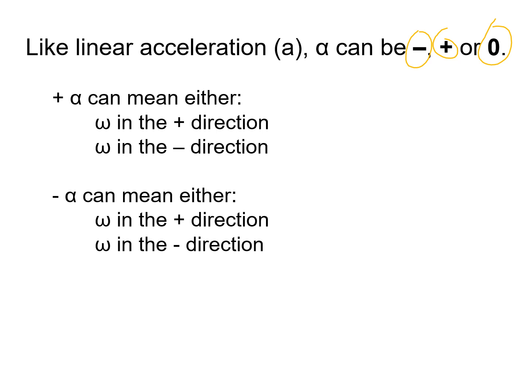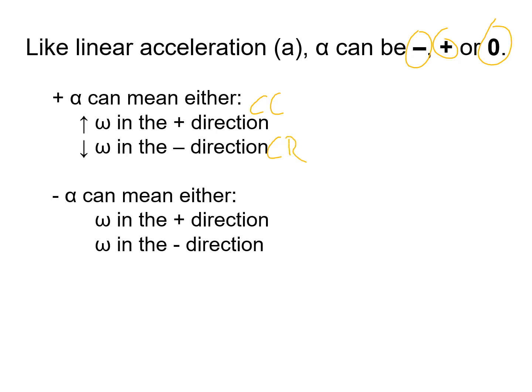So in angular acceleration, a positive angular acceleration can mean that either angular velocity increased in the positive direction or decreased in the negative direction. So once again, our positive direction is our counterclockwise motion, and our negative direction is clockwise rotation.